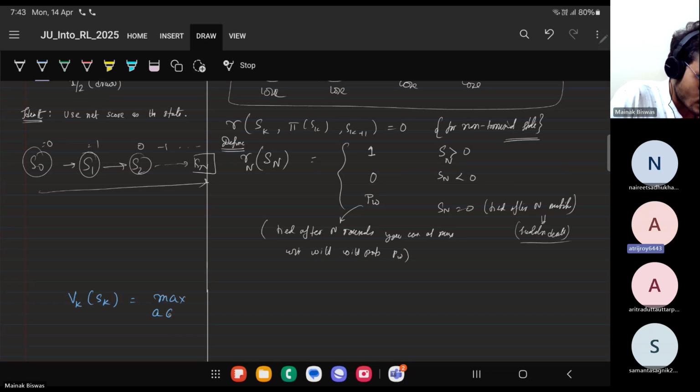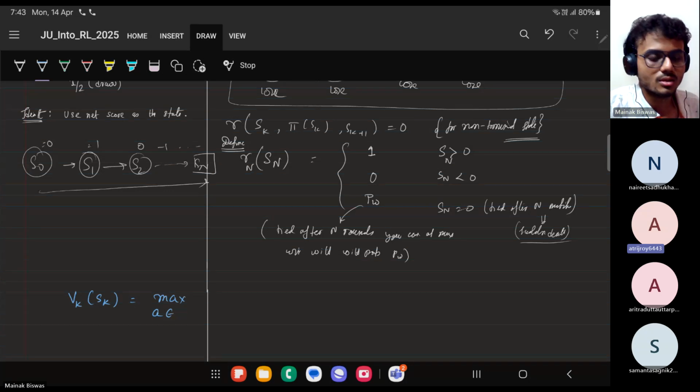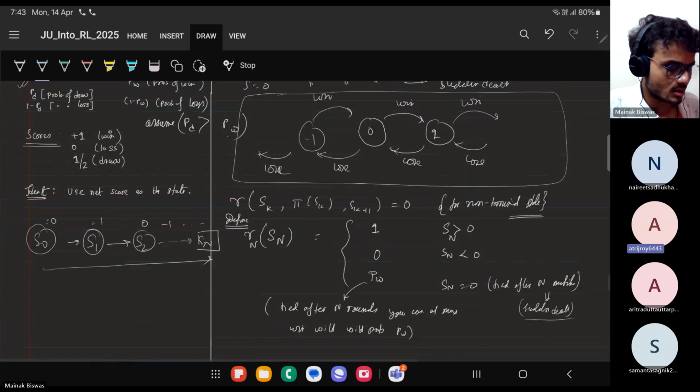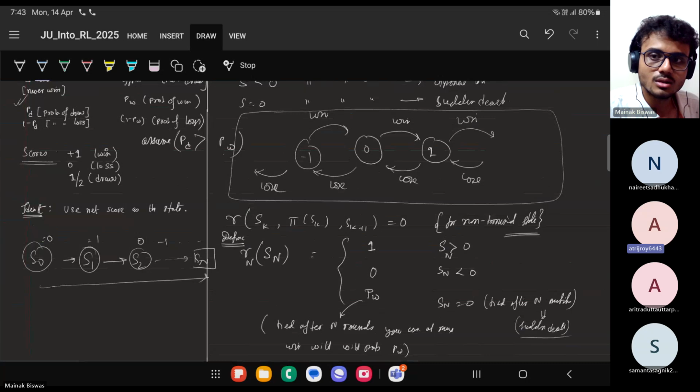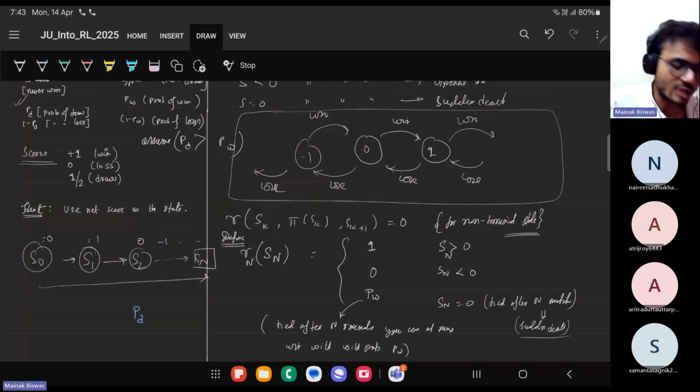Max over. One thing to ask: if the player plays for a draw in sudden death, then the game will roll on. So if you play for a draw, say you get probability PD as a draw. Okay. So as long as you keep playing draw, you will at most get a draw.